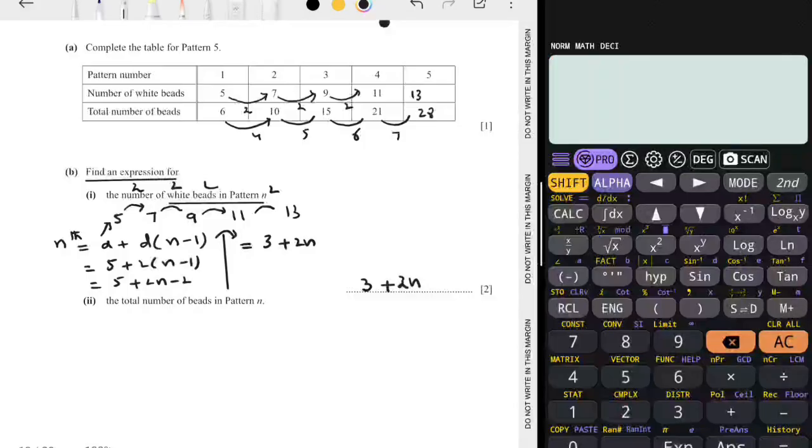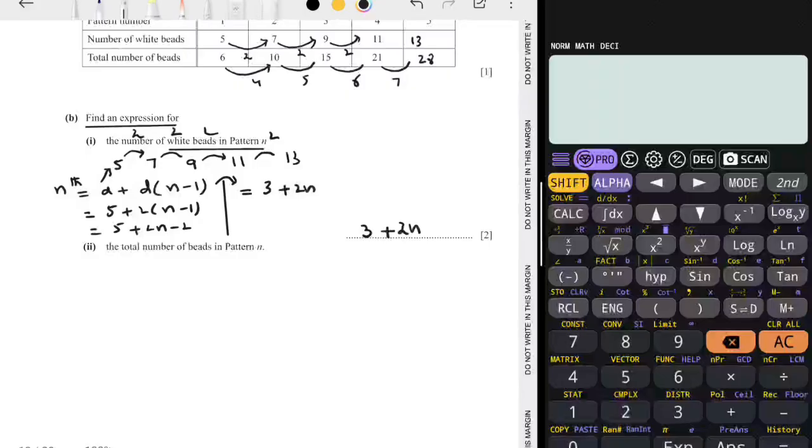Now let us move towards the next part, the total number of beads in the nth term, or in pattern n. Let me write the sequence again: 6, 10, 15, 21 and 28.